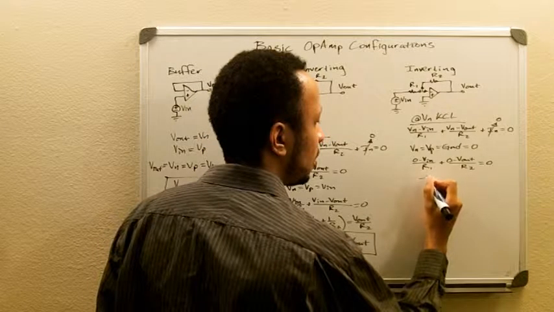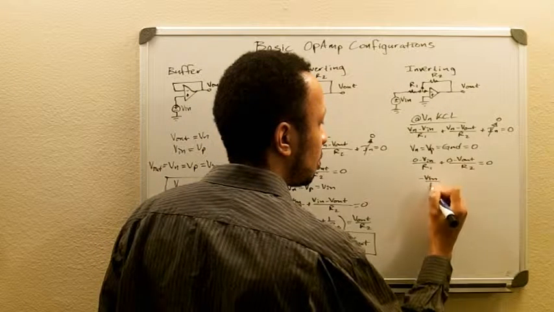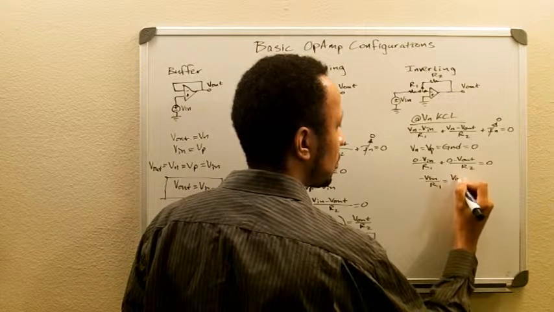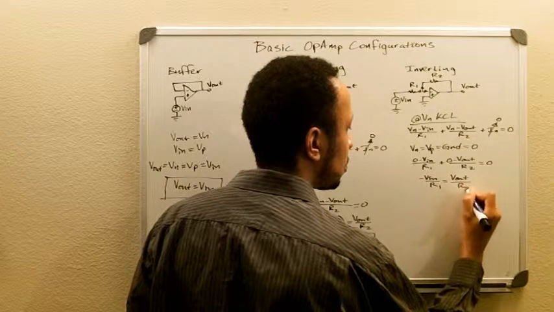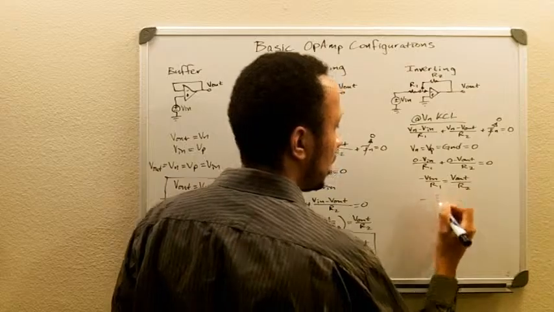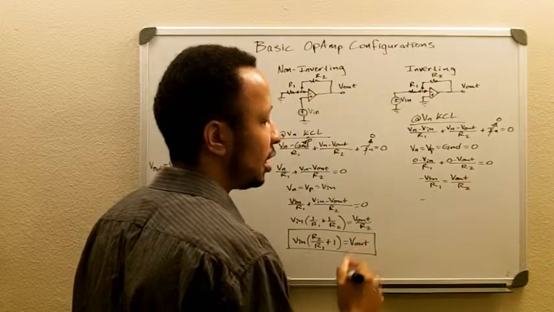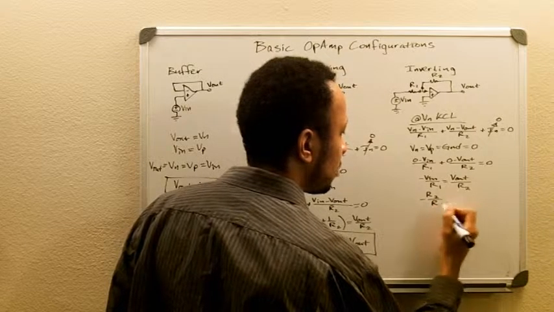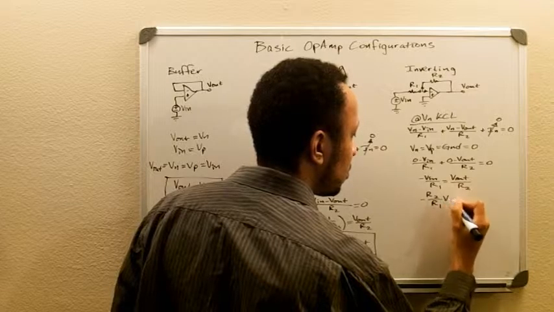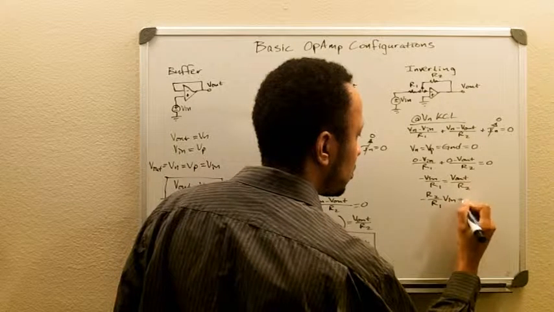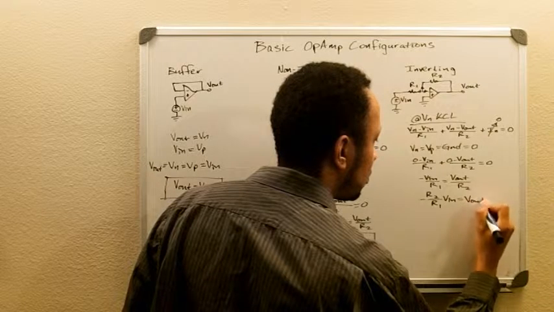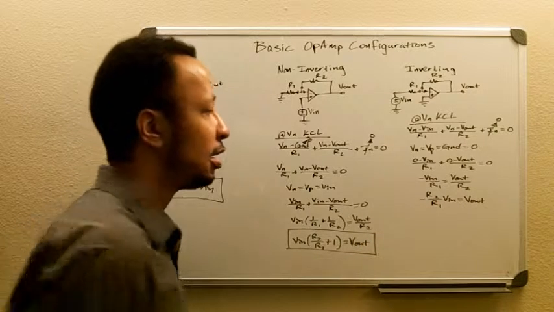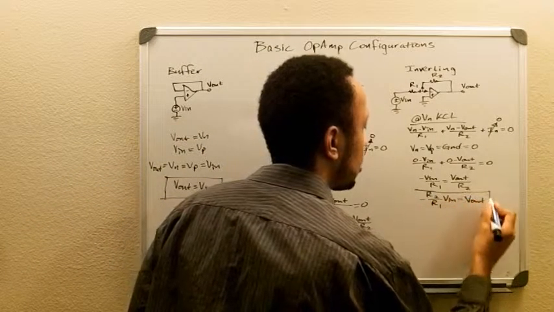And then by rearranging this equation and putting V out in terms of Vn and our two resistances, we have this functional relationship.